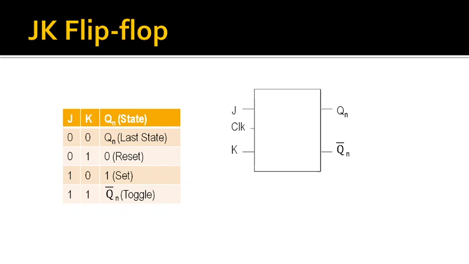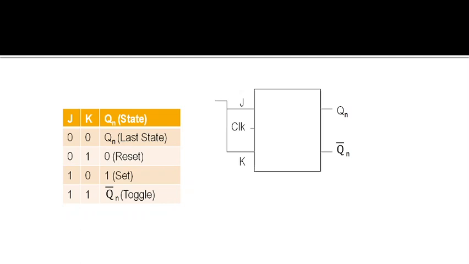Now let's make some minor changes to its circuit. What we have done is we have short circuited both the J and K terminals, and the output of this alteration produces just one input. That input can be provided either 0.